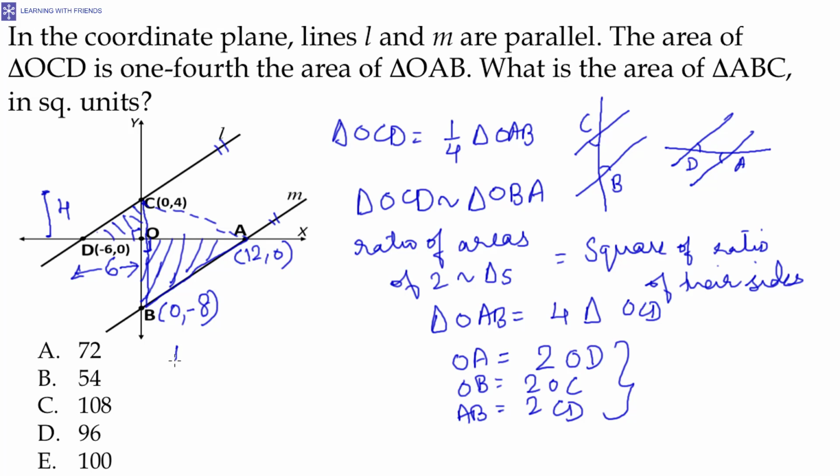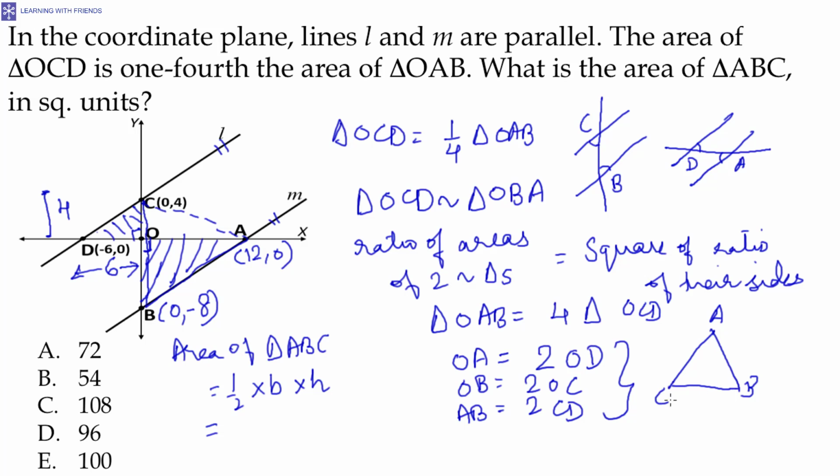Now, area of triangle ABC. Area of any triangle is half times base times height. So if I were to just put this triangle like this, so right now it's horizontal, I'm just writing it as vertical. So this is A, this is B, and this is C. So then this becomes my base, BC becomes my base, and AO becomes my height.